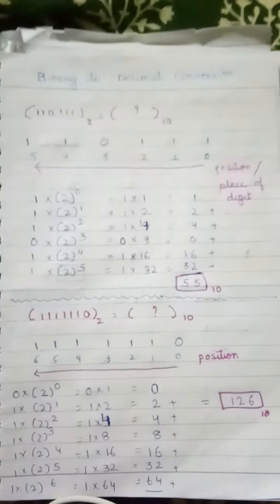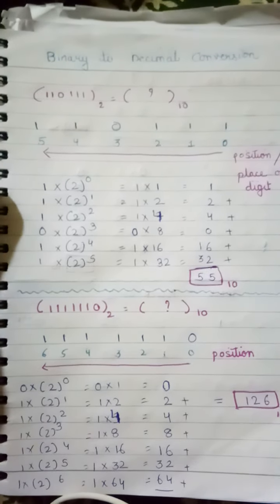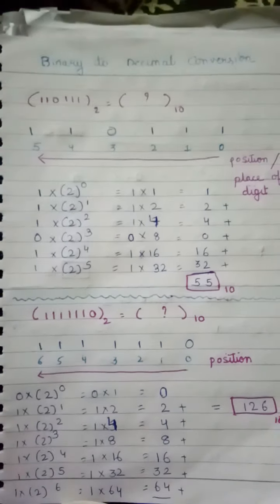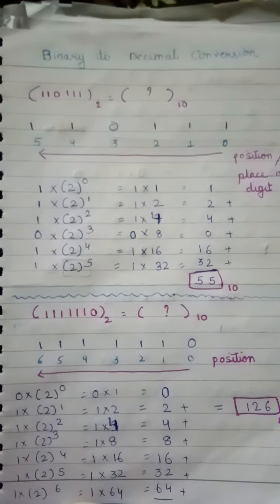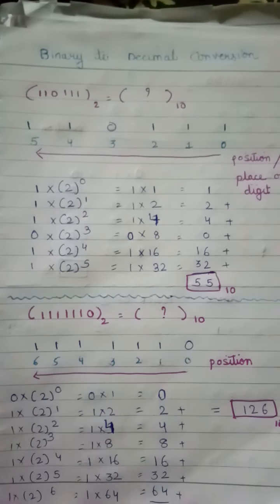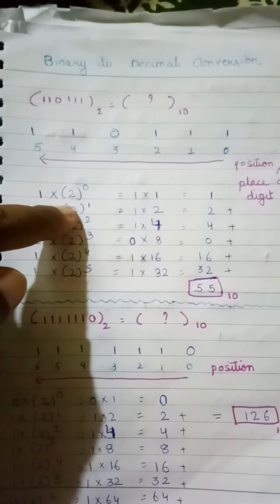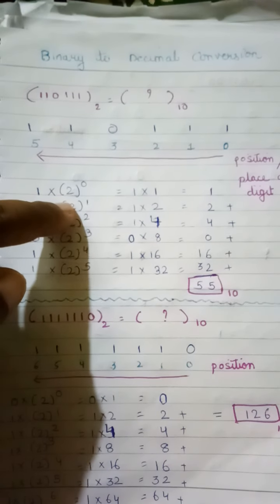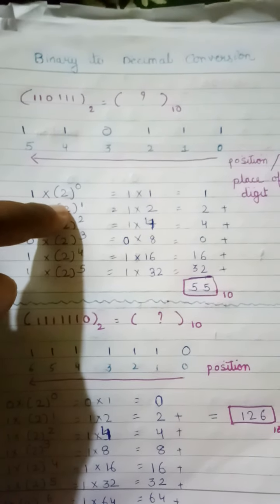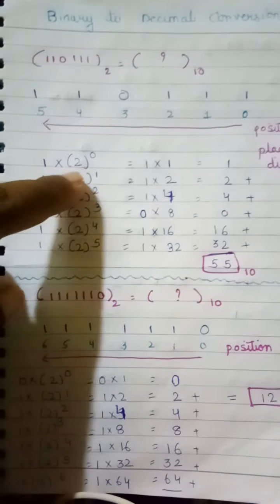While converting from decimal to binary we used division, and to get the number back we are now using multiplication with addition. We divided by 2, so here I am multiplying by 2 because I have to convert a binary number.